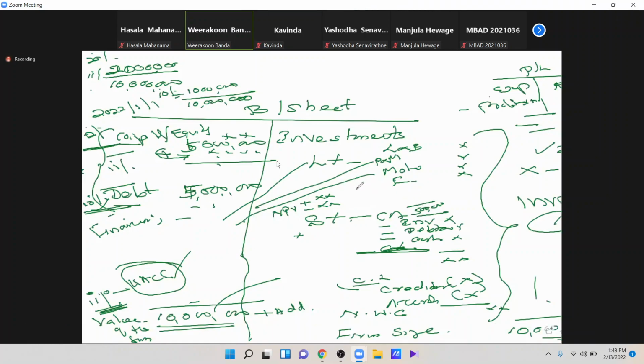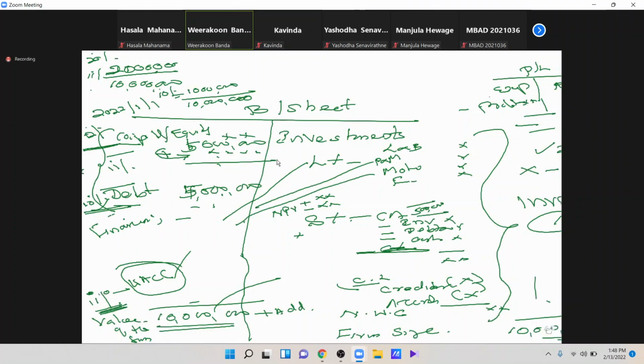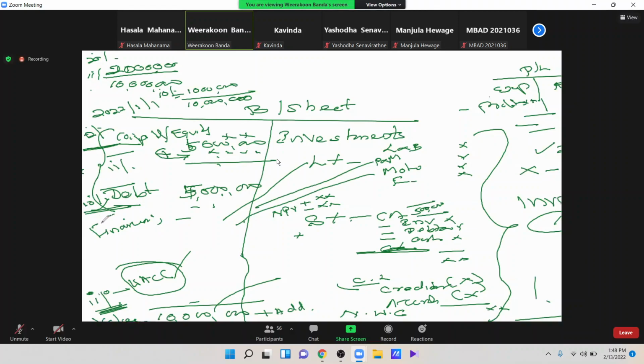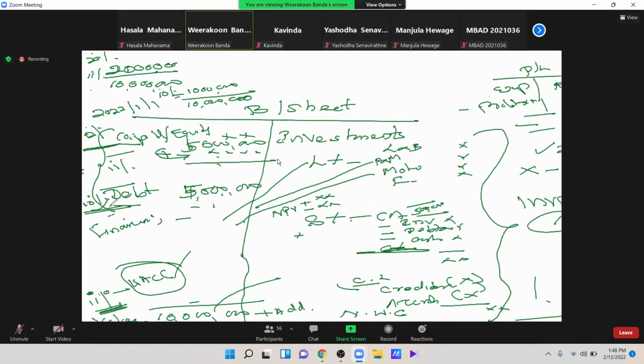And then how are you going to assess all these investments, long-term as well as short-term, based on your cost of capital. If you properly maintain this framework, then you can succeed in the market.